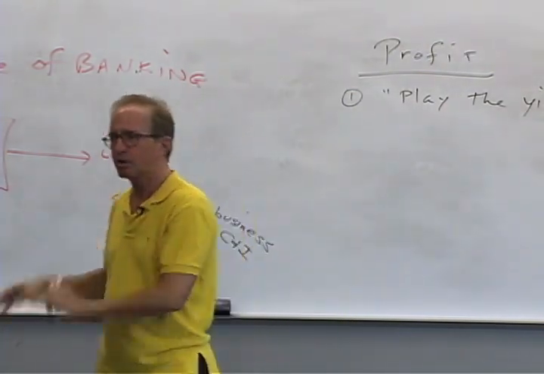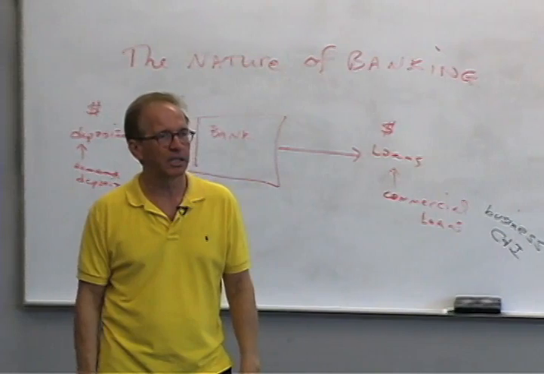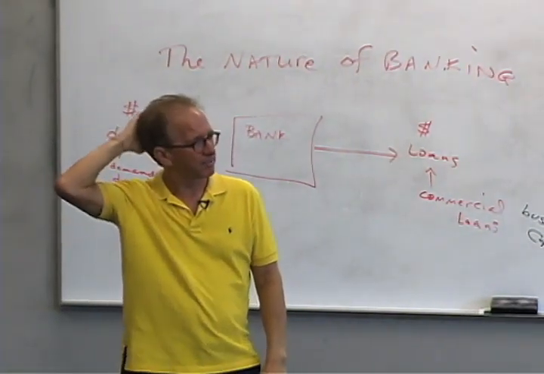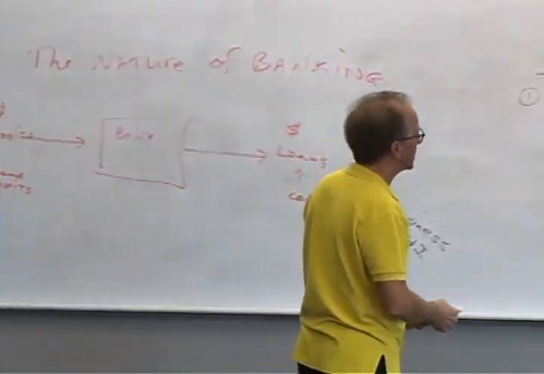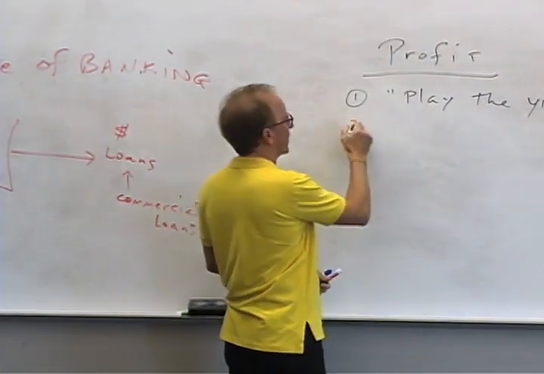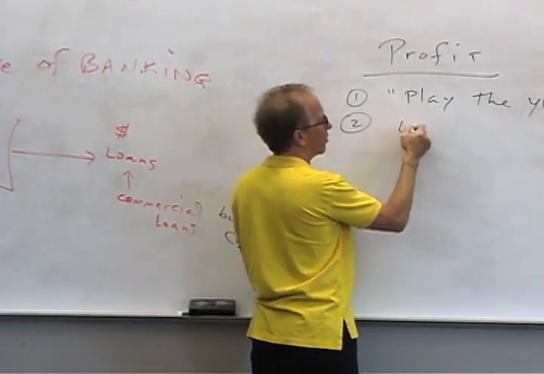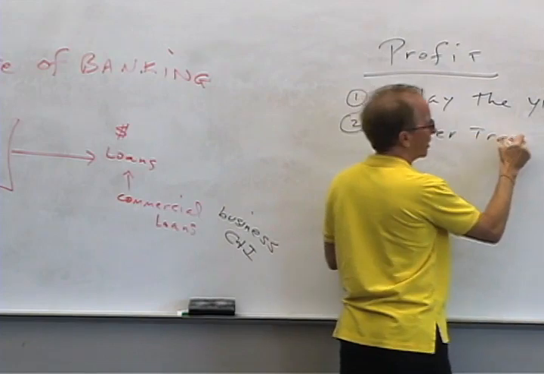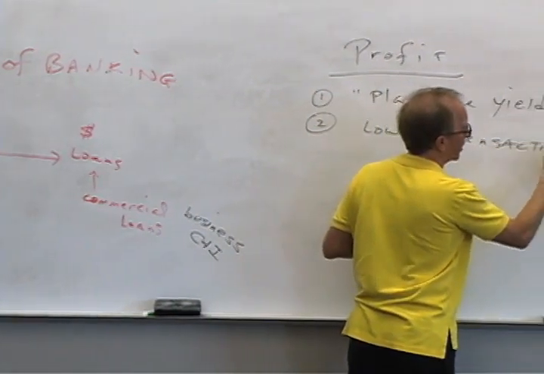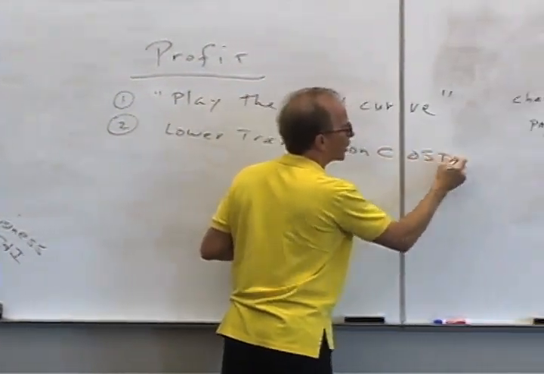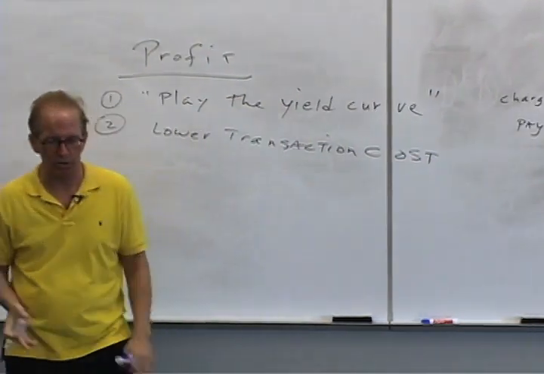The banker is lowering your transaction costs by a lot. And so the banker is doing that. Okay? I'll just write that down, lower transaction cost. People come to the bank because the banker lowers transaction costs.